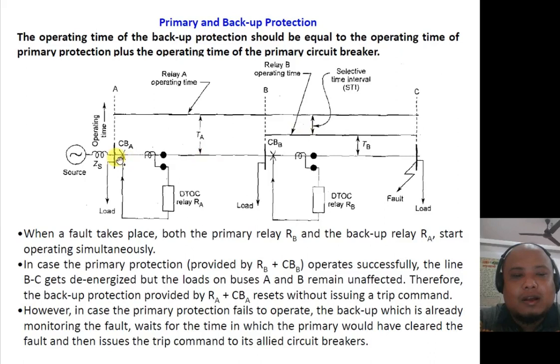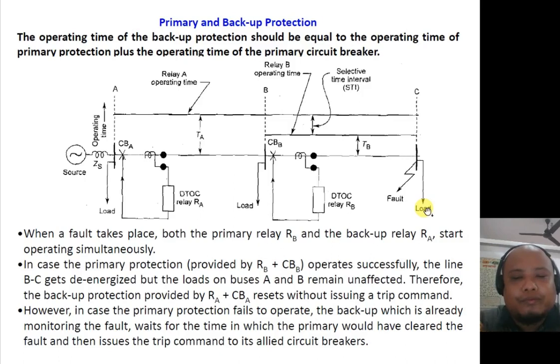Similarly, for the line section AB, relay RA along with circuit breaker CBA are employed. Power is flowing from the source to A to B to C to the load.